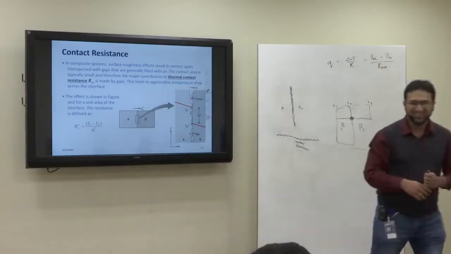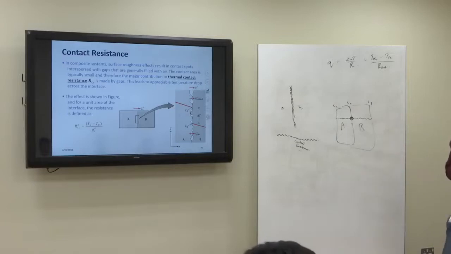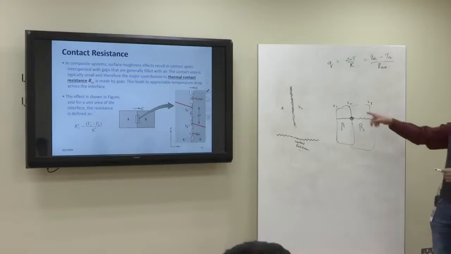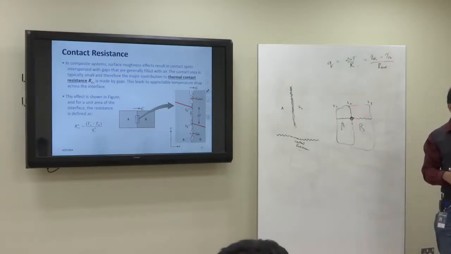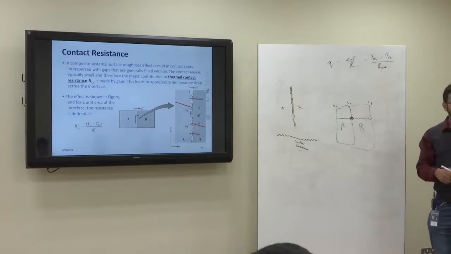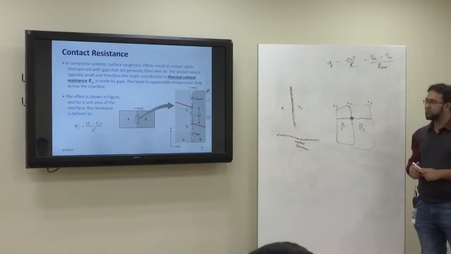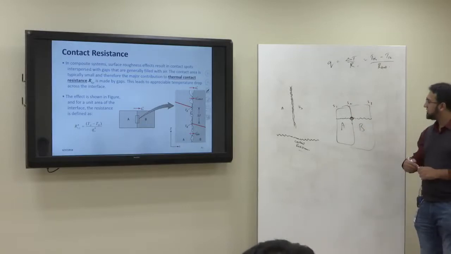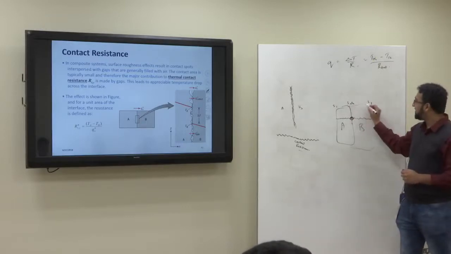Okay? When we have walls like this, like A and B, and we have some gaps between them, it will be like there are another two surfaces, A and B. So now it will not be just S1 and S2, but S1, S2, S3 and S4.